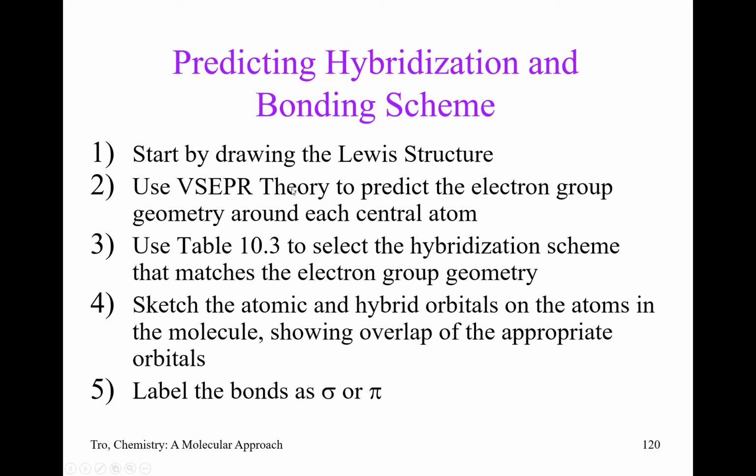We use the VSEPR, that's sort of the balloons tied together, gives you the space filling, the electron pushing, and that tells you the geometry. Then from the geometry, the electron groups around it, we know what kind of hybridization you need to make that type of electron group around it. Then if you want, you sketch the orbitals on that, and you can show what kind of overlapping there is, and that'll get you to whether the individual bonds are sigma or have pi bonds. Any bond has to have a sigma.